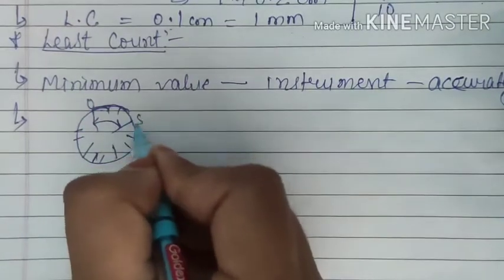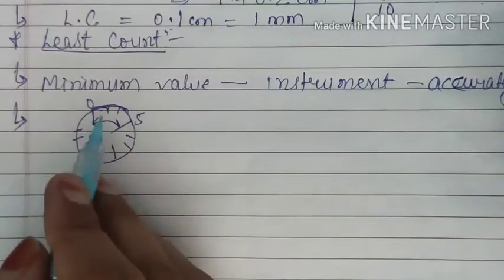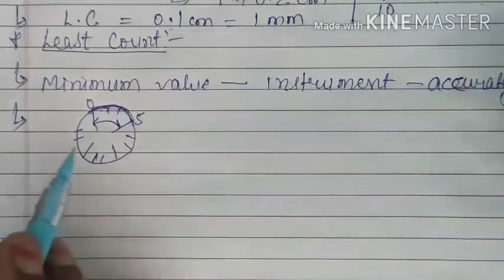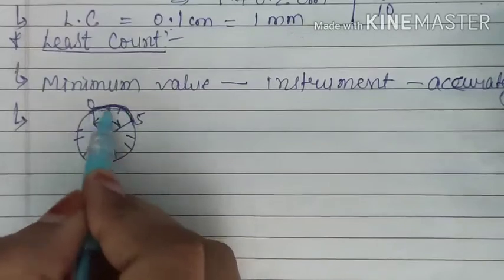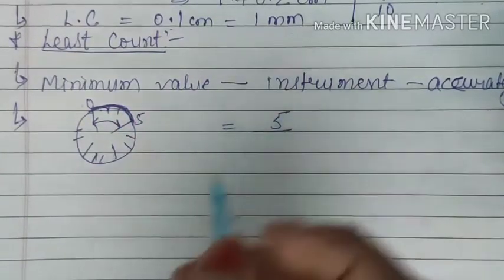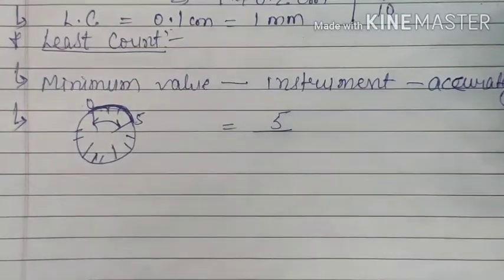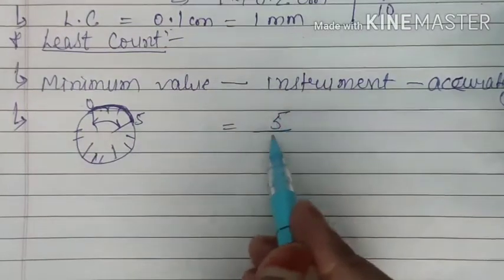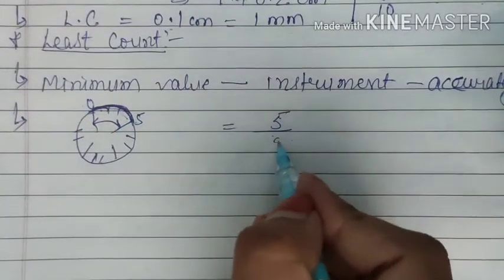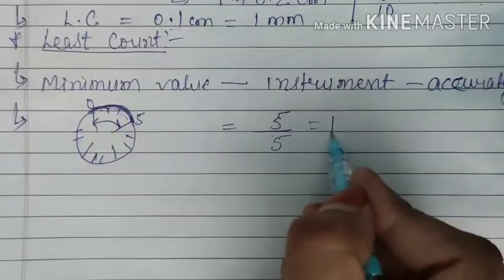If here it's written 0, here it's written 5, then the difference, see, it's not distance because it is not a scale. So the difference between both of these, how much is it? 5 minus 0 is 5. So the difference between two larger divisions is 5. That will be our numerator, divided by the total number of divisions. If you have 5 divisions here, you will write 5 and your least count will be 1.